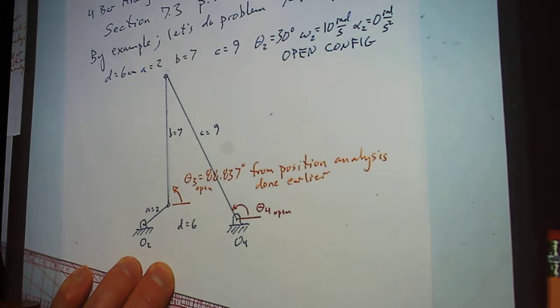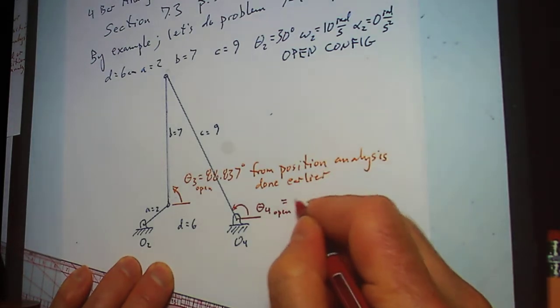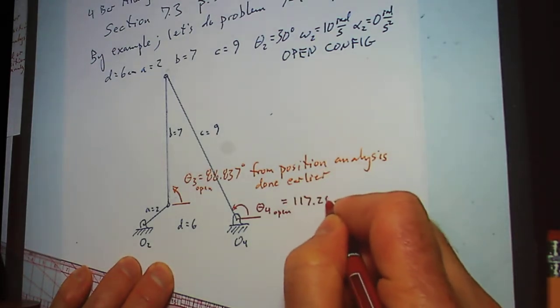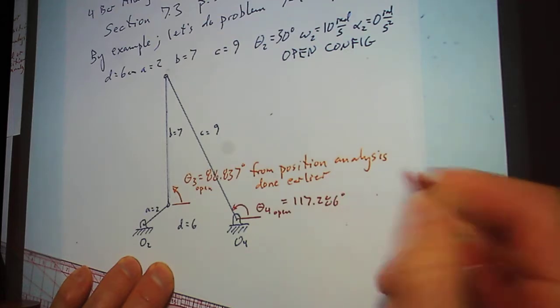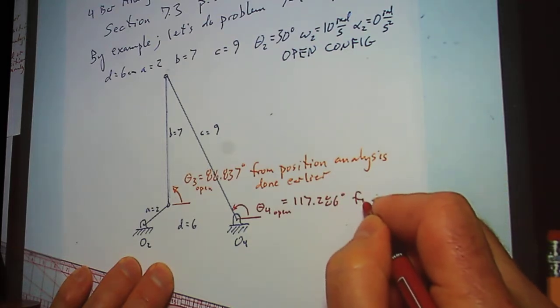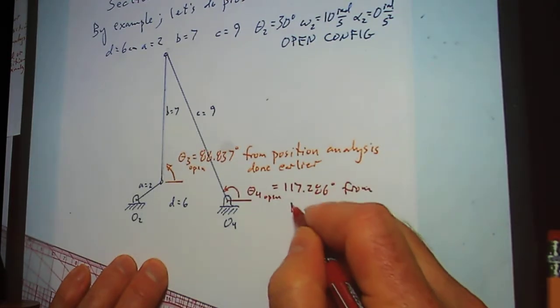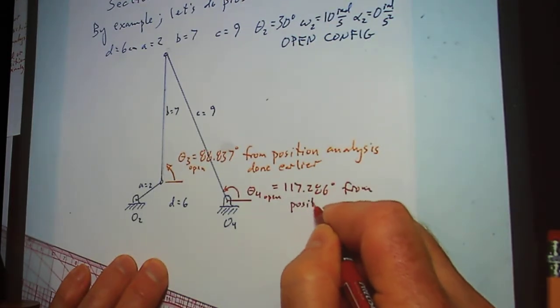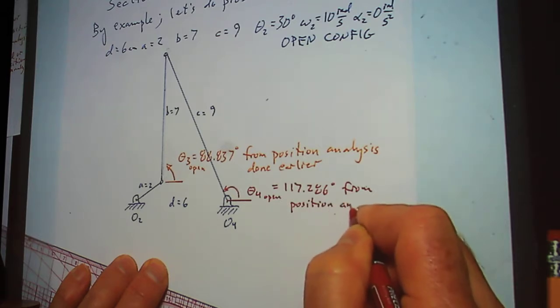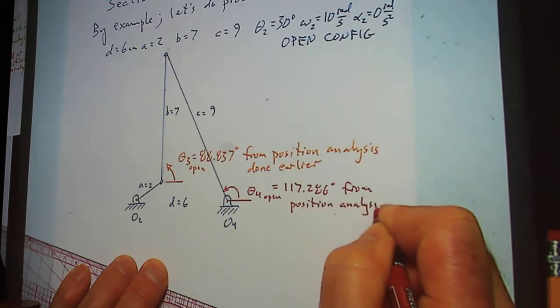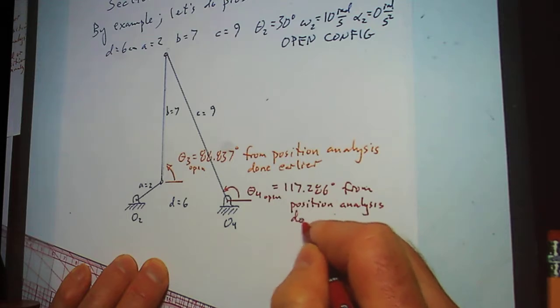Theta 4 open equals 117.286 degrees from position analysis done earlier.